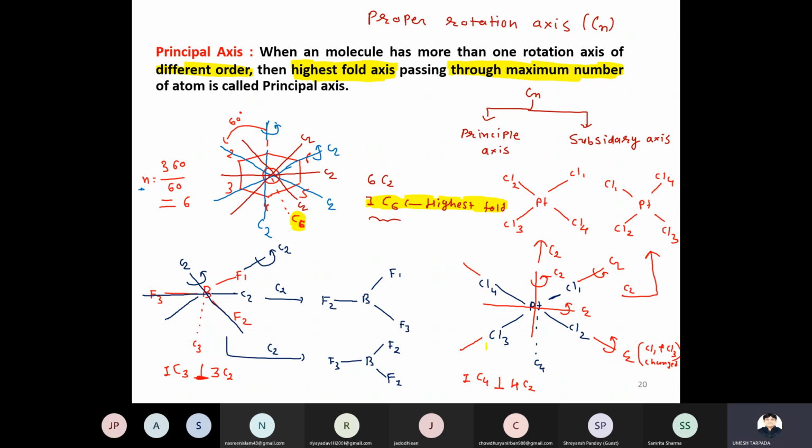You tell me which one is the principal axis in BF3? Which one is highest pole? C3. C3, good. This is the principal axis, the highest pole axis. What about in platinum Cl4?